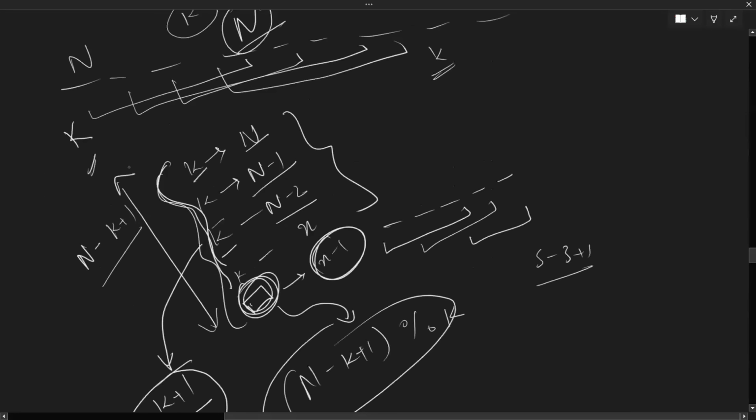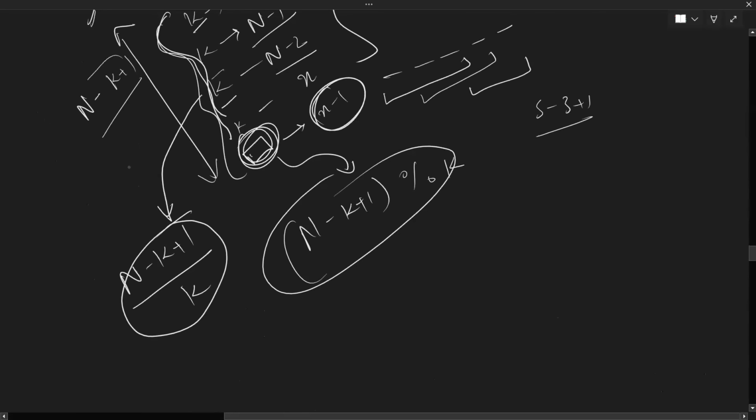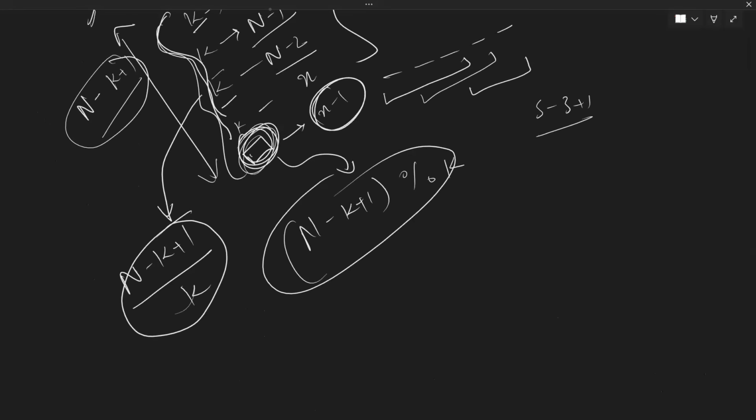How many total subarrays are there? N minus k plus 1. Out of this, k subarrays will have n, k subarrays will have n minus 1. So how many k groups are there? This much, and the remaining is this thing. Is this clear or any doubt? Why mod? Because these are the total number of subarrays.